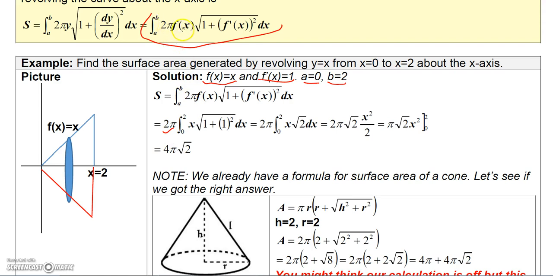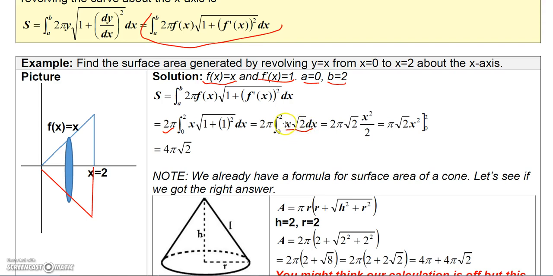And then we have f of x, which is x, and then the square root of 1 plus the derivative of f of x, which is 1 squared. So that's just going to give me the square root of 1 plus 1, which is just the square root of 2. So I'm just going to have x times the square root of 2, and I'm going to integrate that.